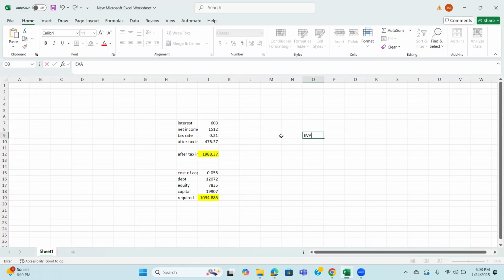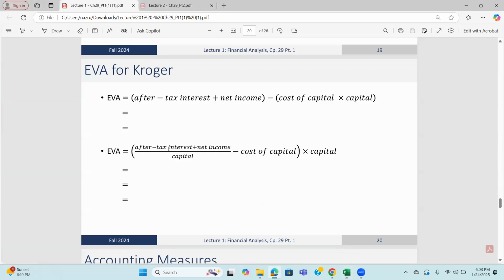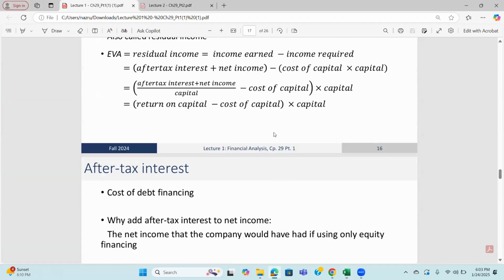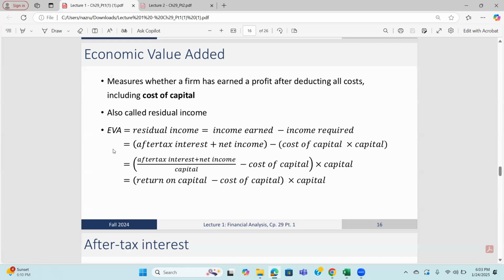Okay, so how can we calculate EVA now, right? Let's calculate EVA. So we know the formula for EVA. We need after tax interest. If you go back to the slides where we have EVA, you see the return on capital and cost of capital multiplied by capital. So we have return on capital, right? We have after tax interest and net income, and we have capital. So we can easily get the return on capital. Let's find the return on capital first.